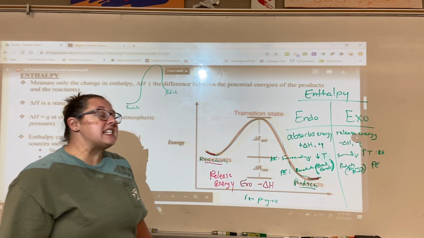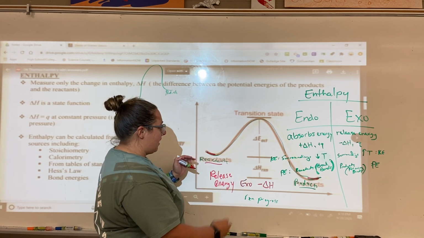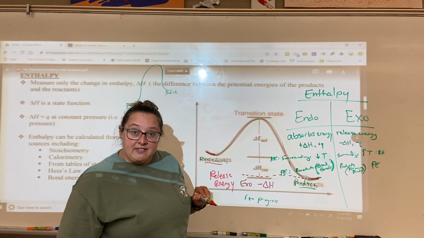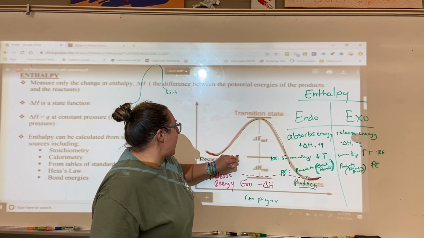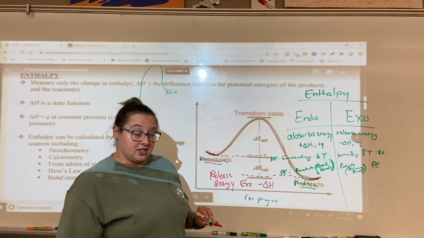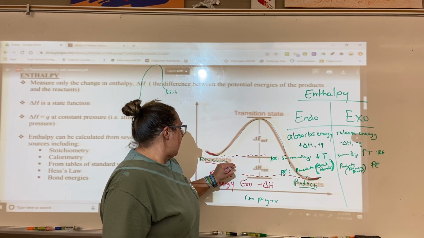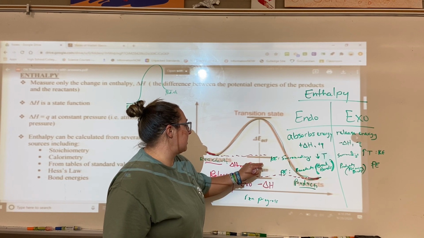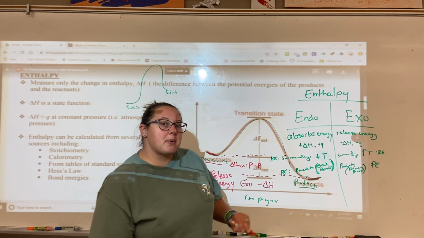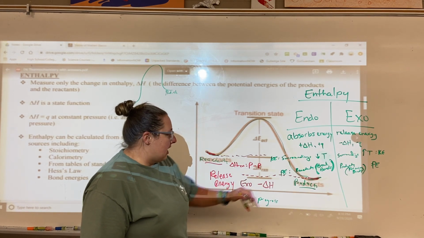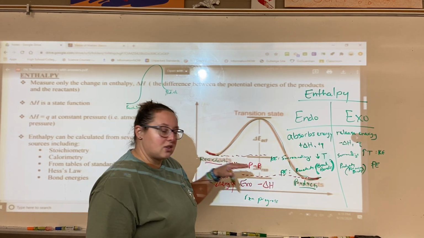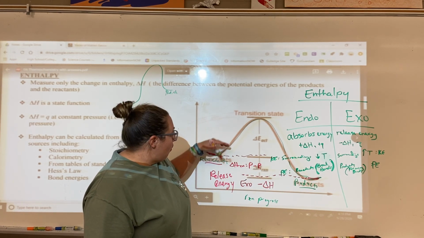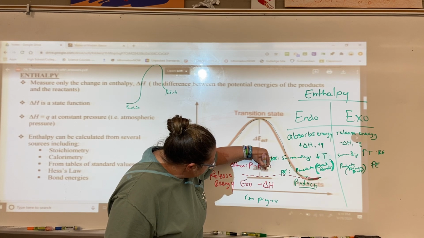And so where is delta H on this graph? If I take my products' energy value and my reactants' energy value, and say my delta H of the reaction is equal to the products minus the reactants, what type of value will I get? This is a lower number than this. A smaller number minus a larger number will always give me a negative quantity.